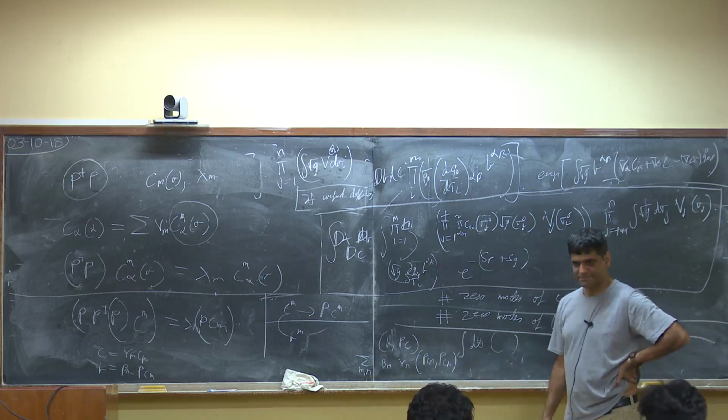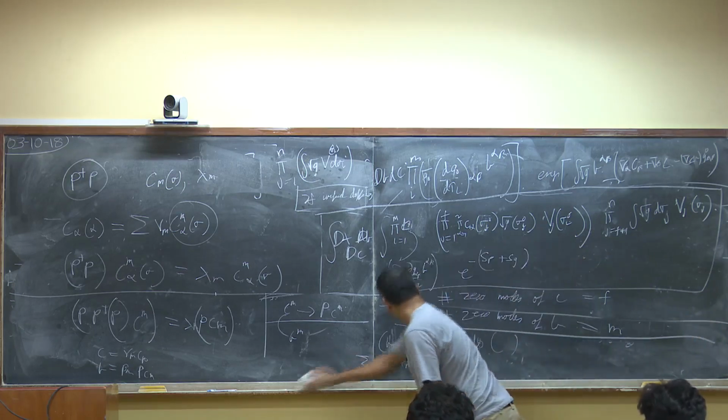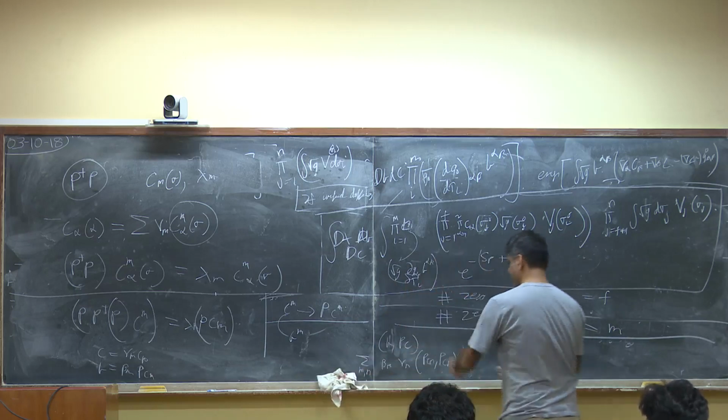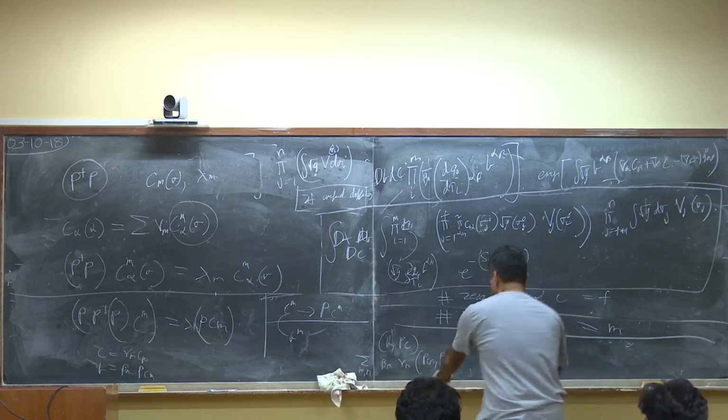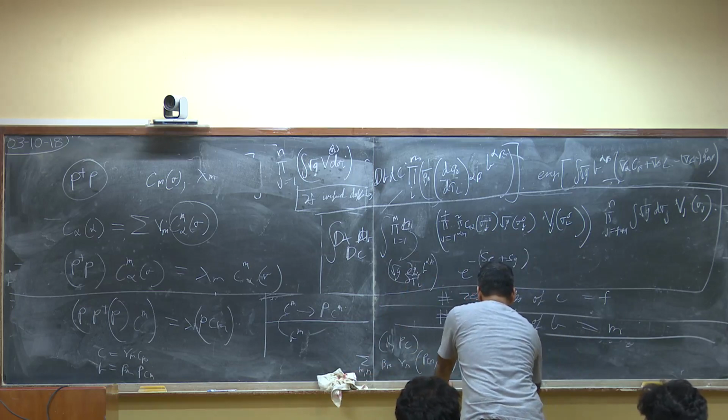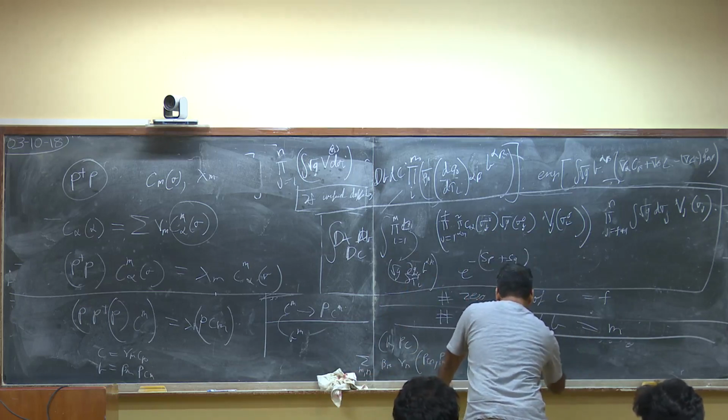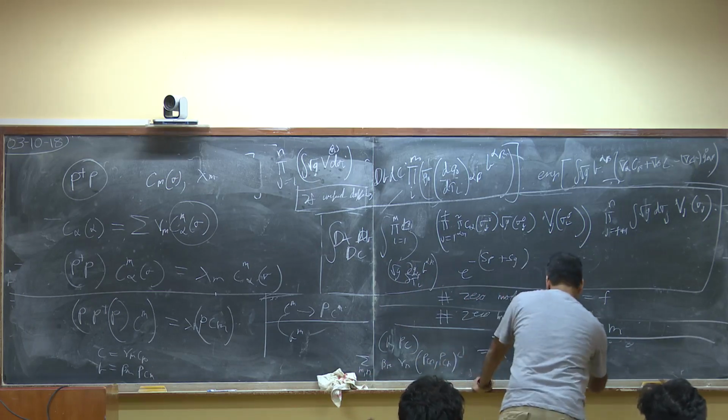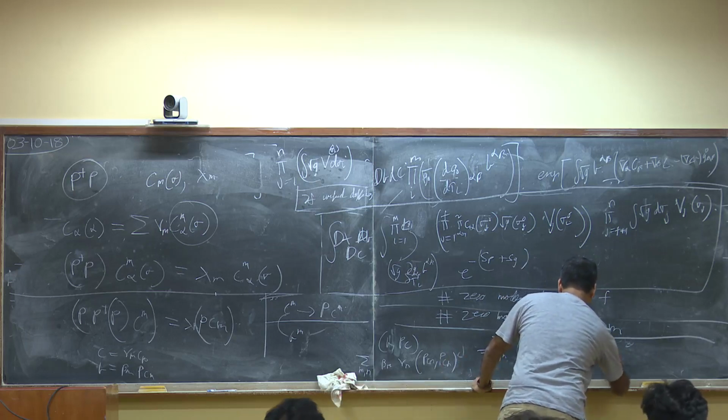But now we pull the P dagger there, so that's equal to the sum over m, n of beta m gamma n Cm P dagger P Cn.